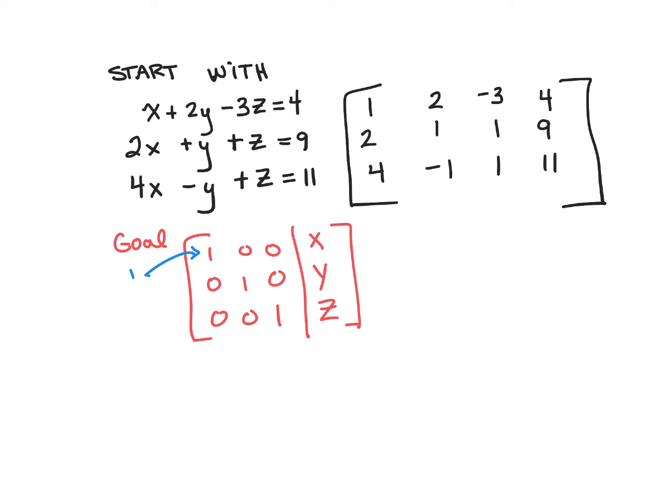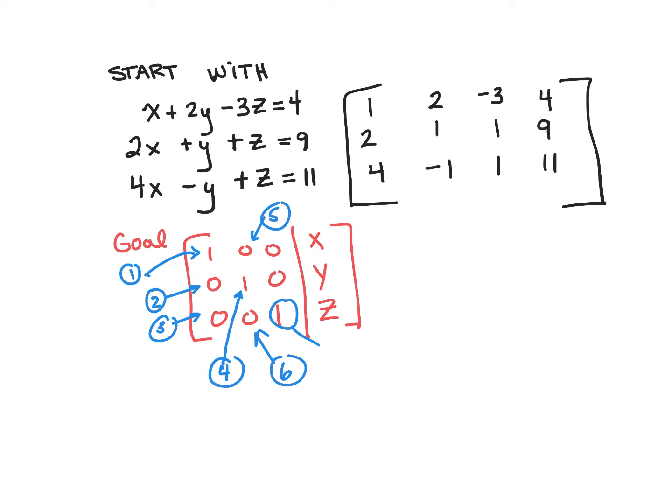So we're going to get this first, and then we're going to get the 2 zeros underneath it next. Then we're going to get the 1. That'll be our fourth step. And then we'll get the zeros in that column. And then we'll get this one, which is step 7, and then 8 and 9.